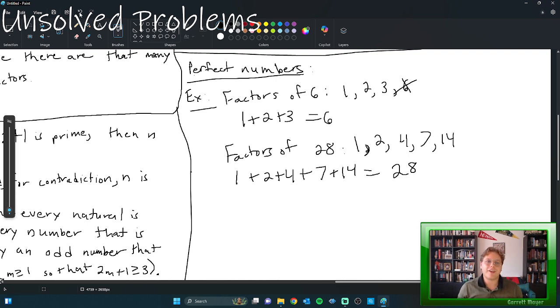I think I forgot to write down the 14 in my notes, and I was like, wait, that doesn't make sense. Okay, but it's 1, 2, 4, 7, 14. And you add those up, those equal 28. The next two examples of perfect numbers are 496 and 8128.